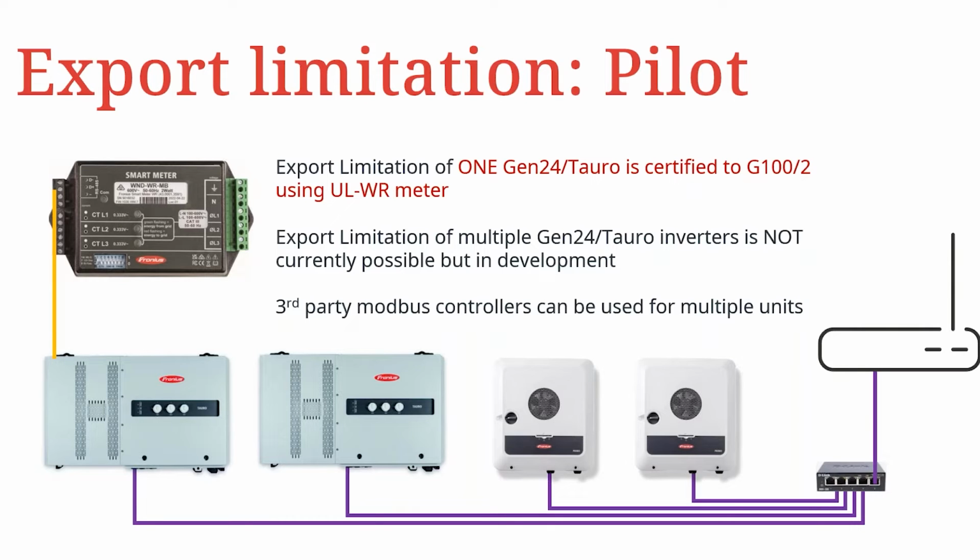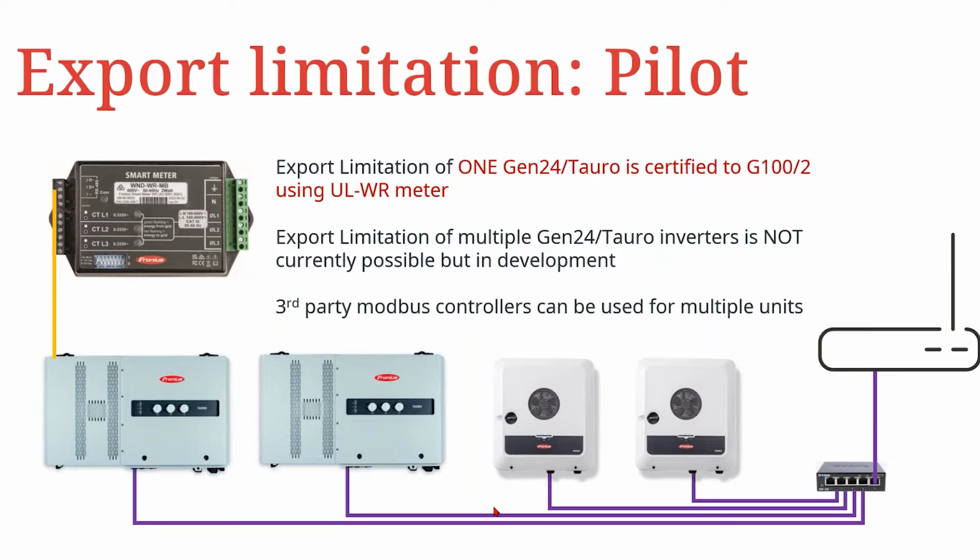So we simply export limit the inverter by connecting the smart meter, which analyzes the energy being exported and imported. However, with the Tauro and the Gen 24, there is no inverter to inverter communication. So when we have our monitoring set up, each individual inverter has a connection back to a router and then to the internet. So this means that we are limiting just one inverter per system.